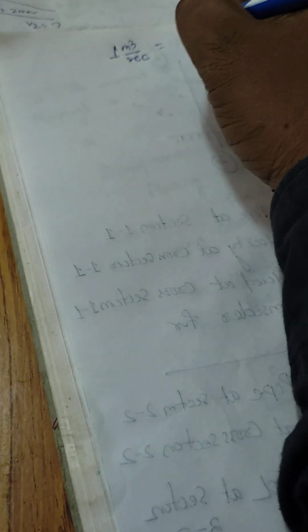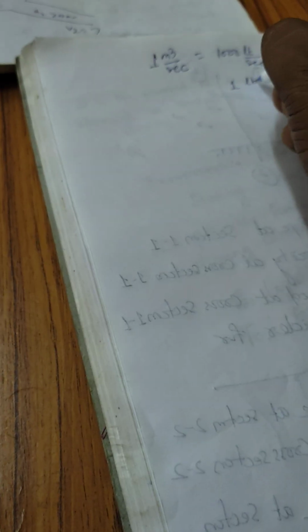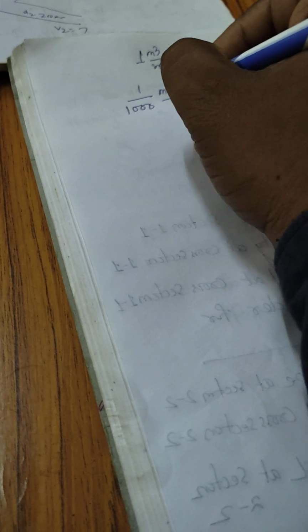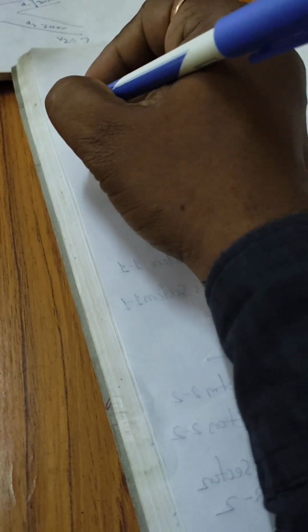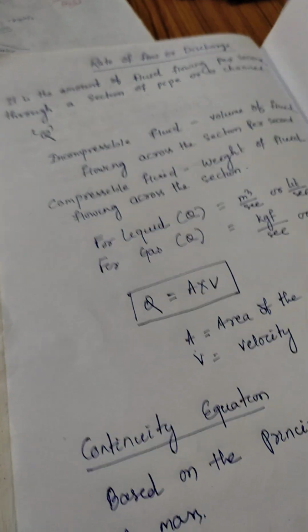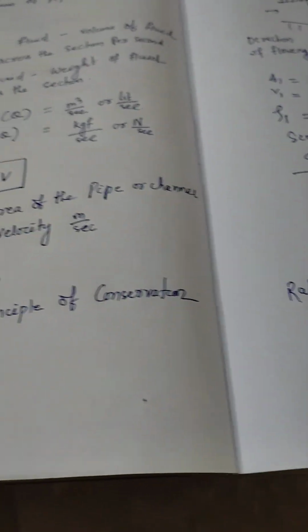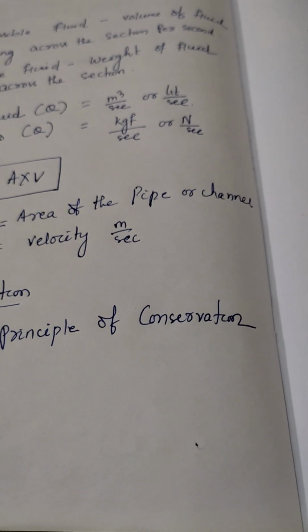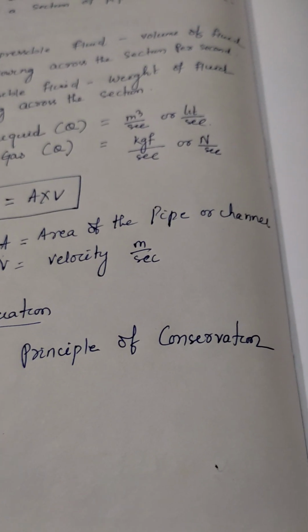Similarly, 1 liter per second equals 1 by 1000 meter cube per second, or 0.001 meter cube per second, or 10 to the power minus 3 meter cube per second. That is the unit conversion.